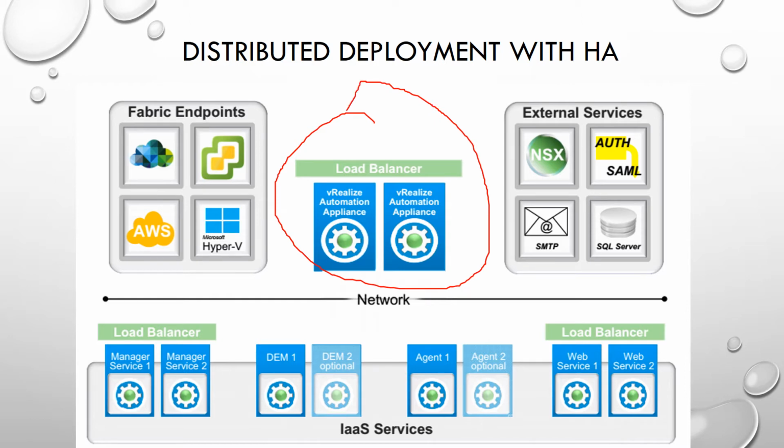Also, as we discussed in the non-high availability distributed deployment part, you can have multiple components running inside a single virtual machine, and there are multiple instances of that virtual machine running behind a load balancer. You can just make a permutation and combination of the components together and have them running behind a load balancer.